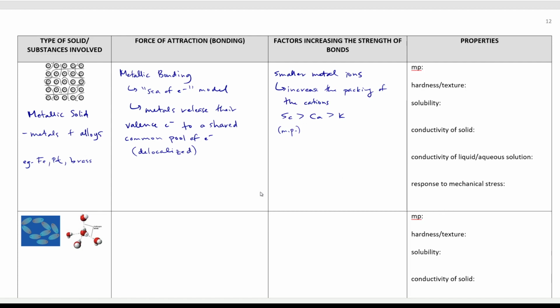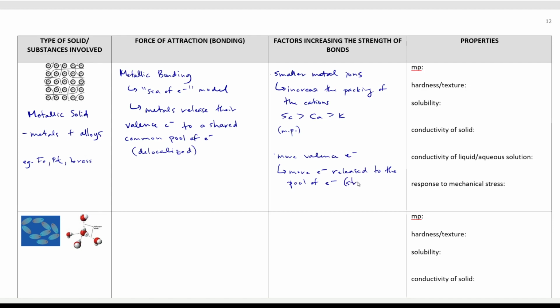metals. Okay. The other thing that will affect it is more valence electrons. Right? Because if it has more valence electrons, that means it has more electrons released to the pool of electrons, and if you have more electrons released to the pool of the electrons, you have stronger forces, right?